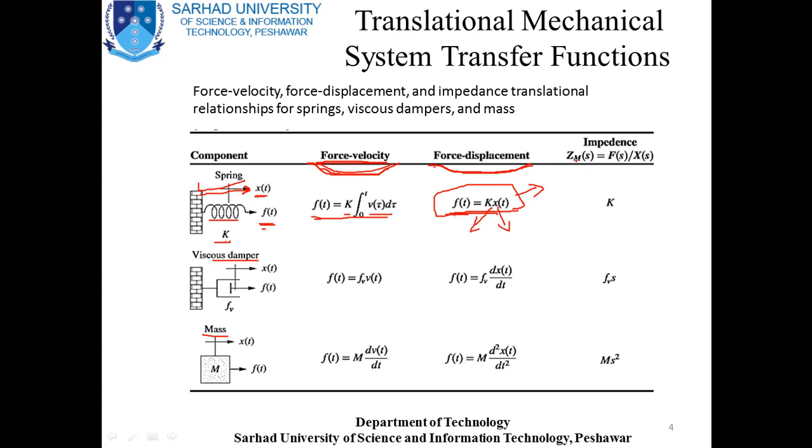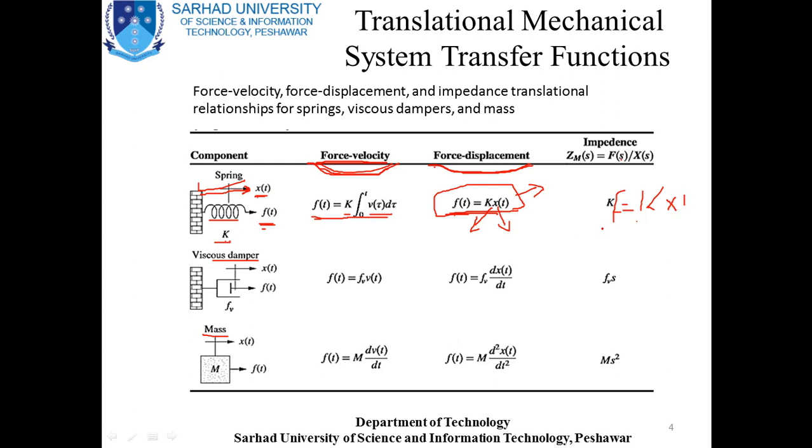Similarly, you can also find the impedance, and impedance can be found out by dividing F of s on X of s. So you know that F of s is equal to k into x, k into x.